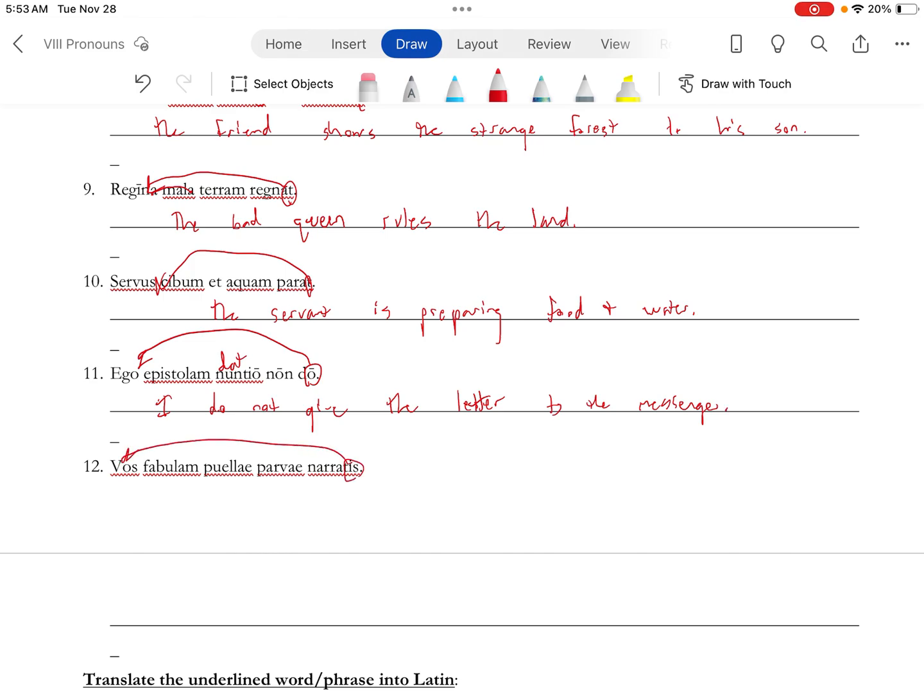This is y'all, and this is also a dative trigger word, so y'all are telling a fabulum, a story. Alright, and here's our dative to the small girl.